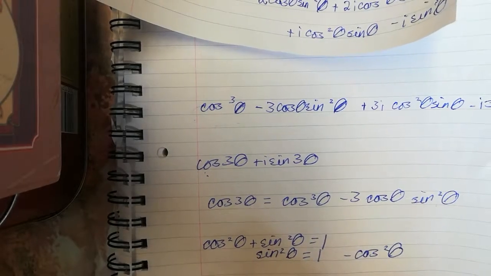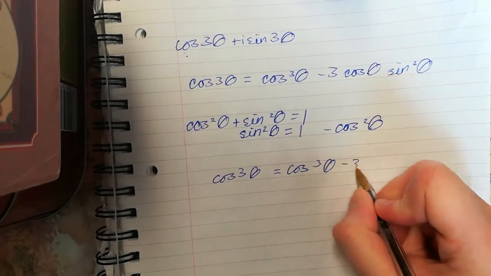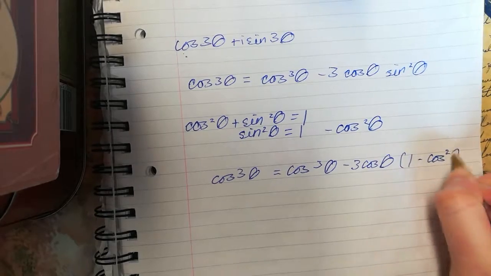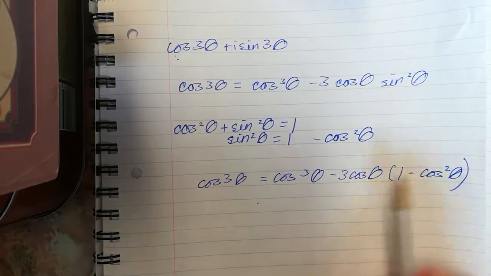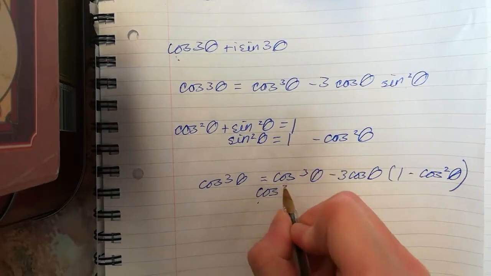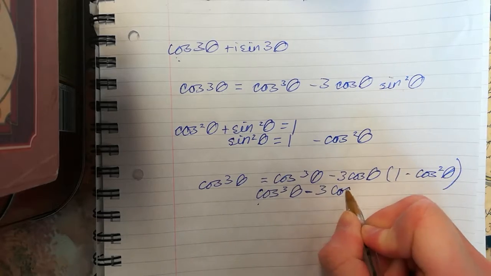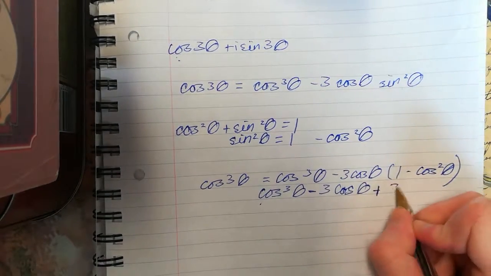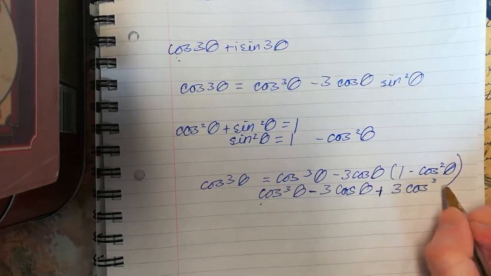So cos 3θ is equal to cos³θ minus 3 cos θ (1 minus cos²θ). Now if we multiply this out, it'll be cos³θ minus 3 cos θ plus 3 cos³θ.